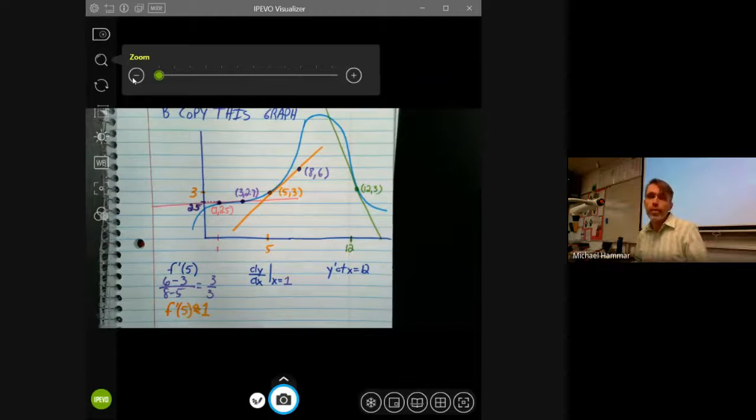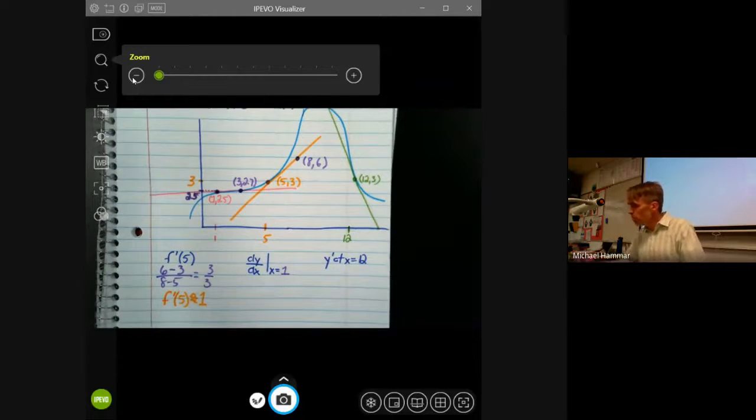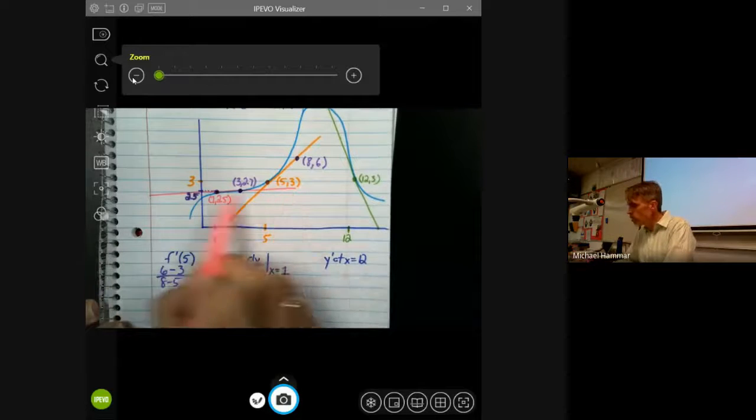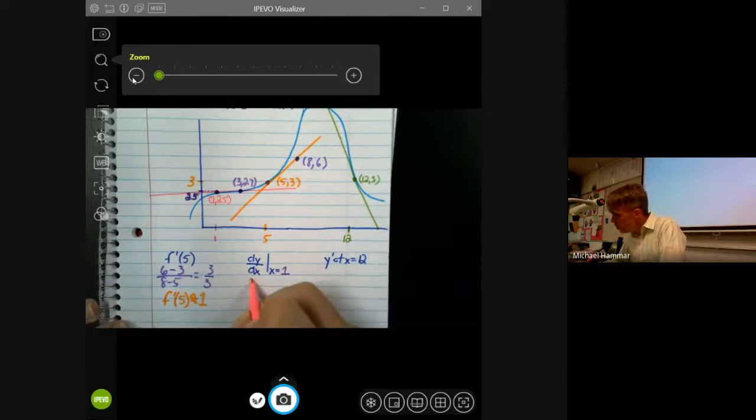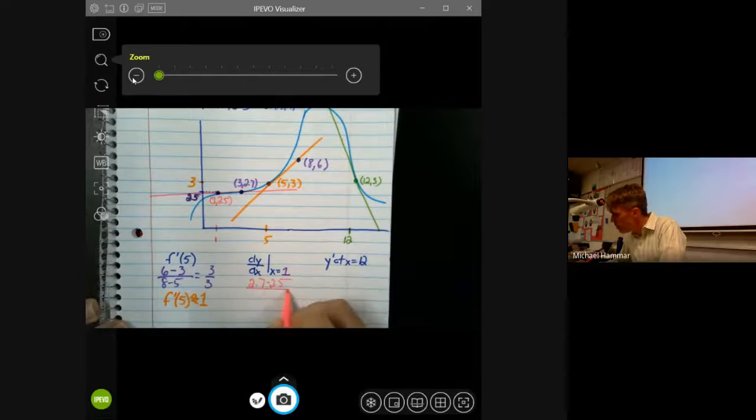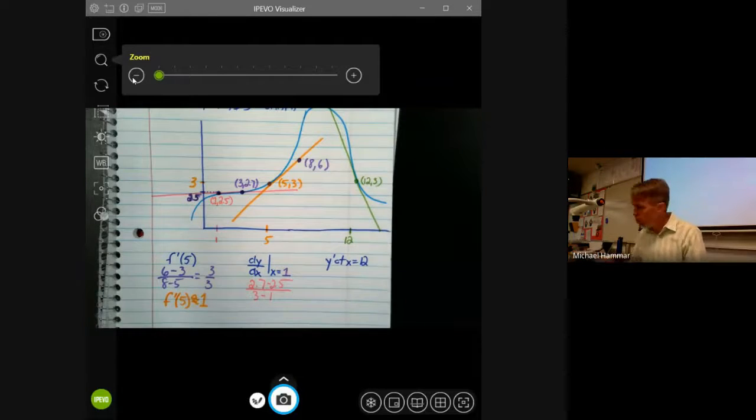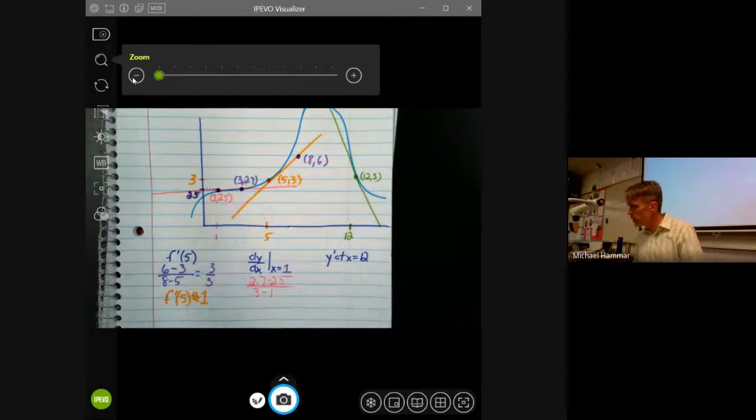So I use those 2 points to find the slope of this line. It would be 2.7 minus 2.5 all over 3 minus 1. I'm using these 2 points to find the average rate of change.